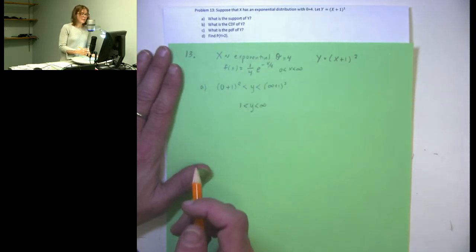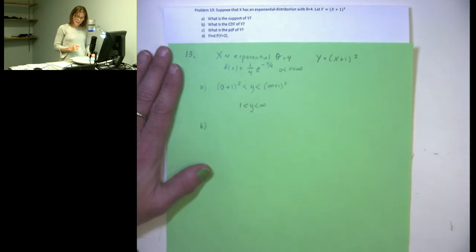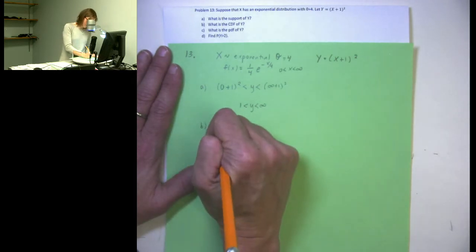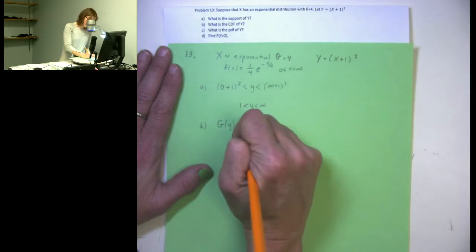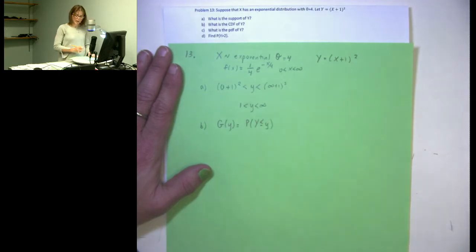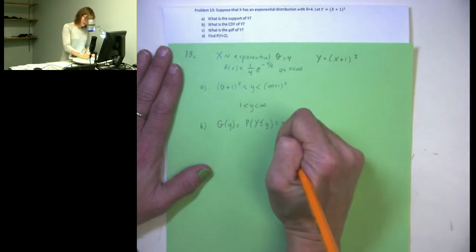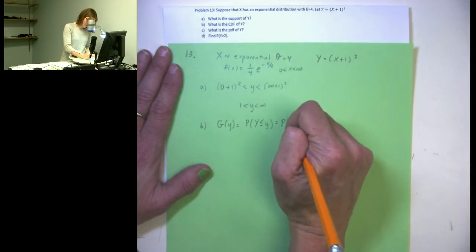Now B asks us to find the cumulative distribution function of y. To find the cumulative distribution of y, which we're going to call g of y, that is the probability that y is less than or equal to the value little y. And we know that y is equal to (x plus 1) squared.